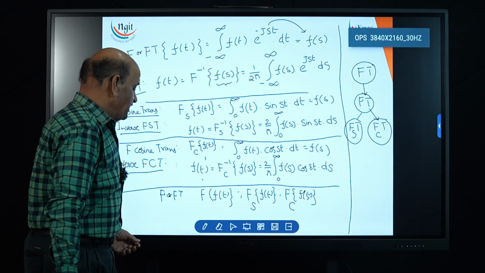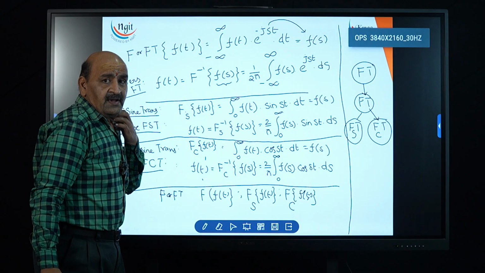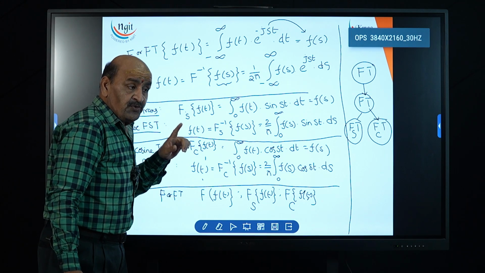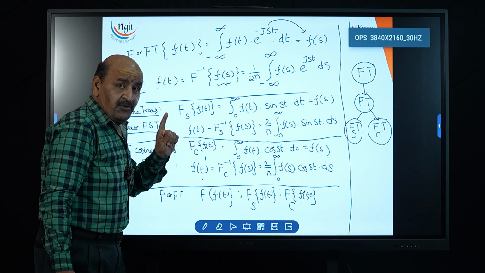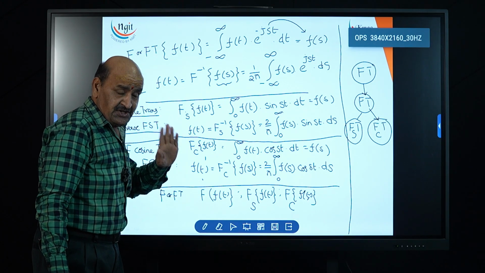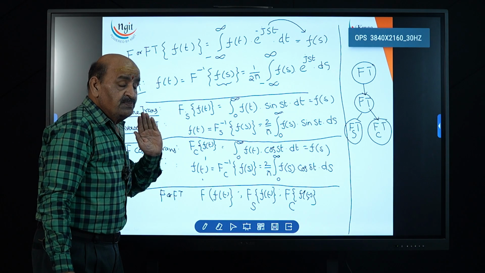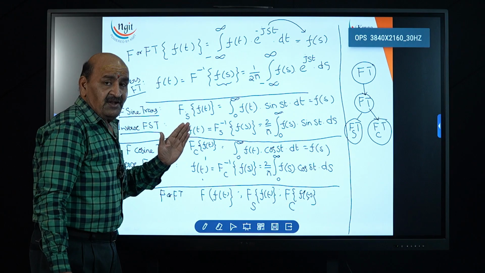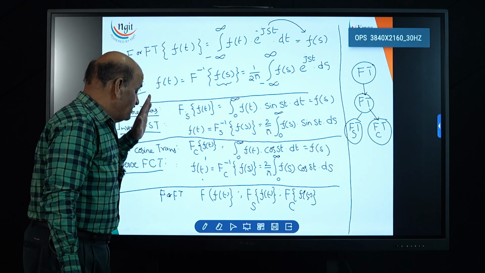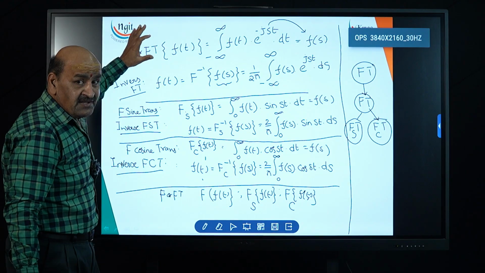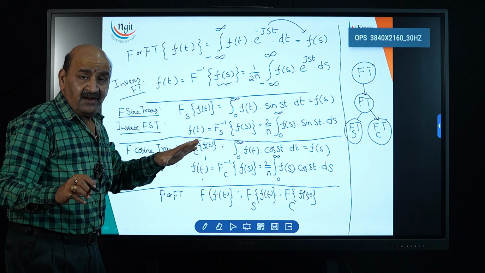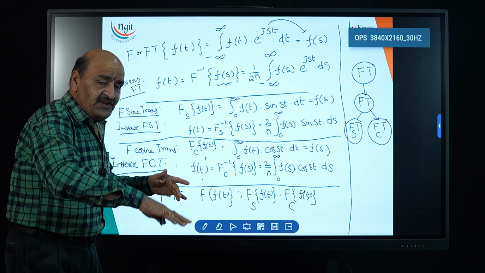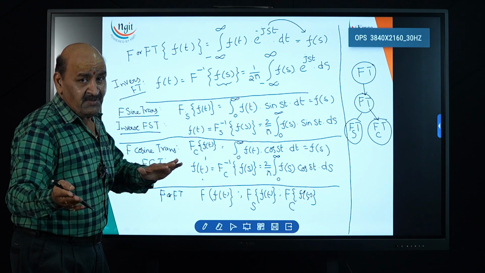The first part of this unit belongs to Fourier integral, the second part belongs to Fourier transformations, and the third part belongs to Laplace transformations. Today we started the second part, Fourier transformations. As long as we discuss the word Fourier transformations, students have to understand that it contains not only Fourier transformations but also Fourier sine transformations and Fourier cosine transformations as well.